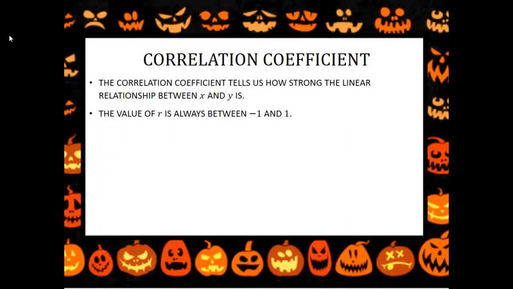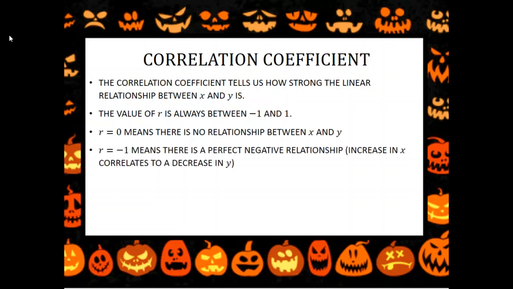So just thinking about -1, 0, and 1, we've already mentioned this, but R equals 0 means that there is no relationship between x and y. There's nothing going on. If R equals -1, that means that there is a perfect negative relationship. In other words, an increase in x correlates to a decrease in y.